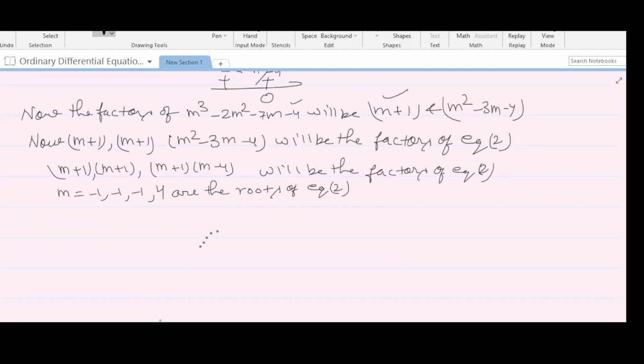Now if these are the roots of equation 2, then there are 3 repeated roots and one is distinct, that is a different root.